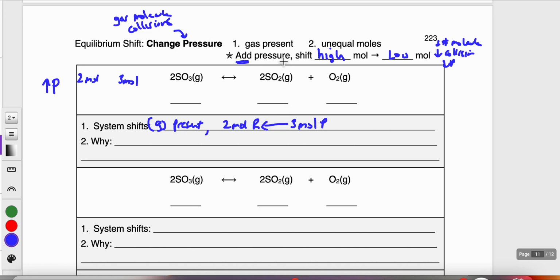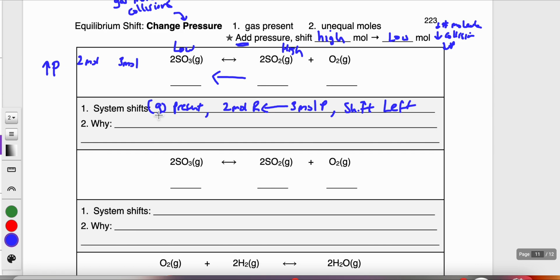So the product side in this case is high, the reactant side is low. So the system is going to shift from the high mole side to the low mole side, and in this scenario, that means that the system is going to shift left.